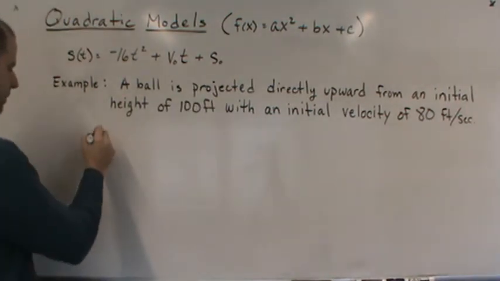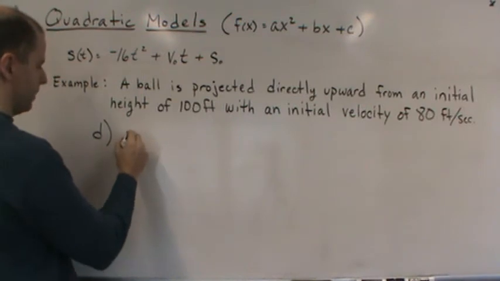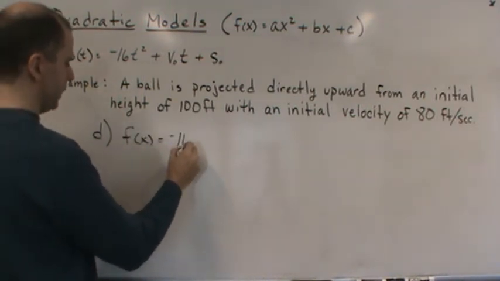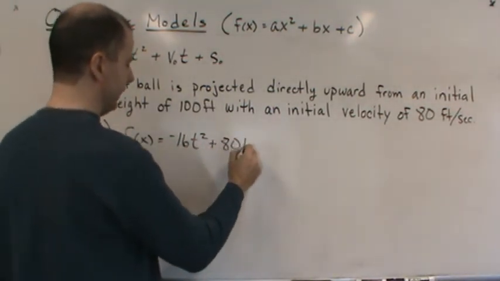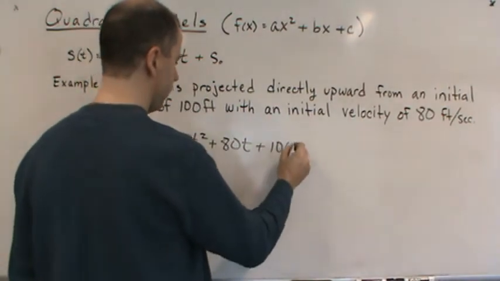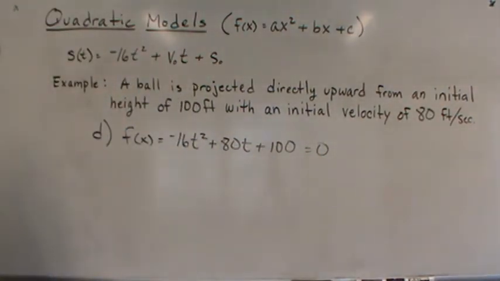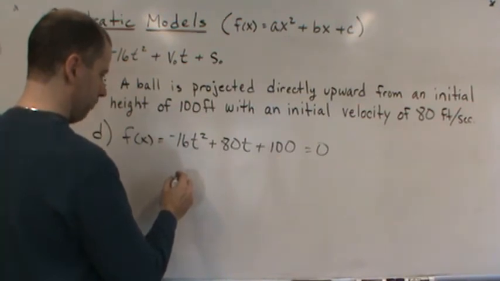So we're going to do the same thing, except now we're going to solve for f of x equal to 0. So this is going to be negative 16t squared plus 80t plus 100 equal to 0. We want to know, when is the height of the ball 0? Right? Because that's when it hits the ground. So let's solve this. Okay?